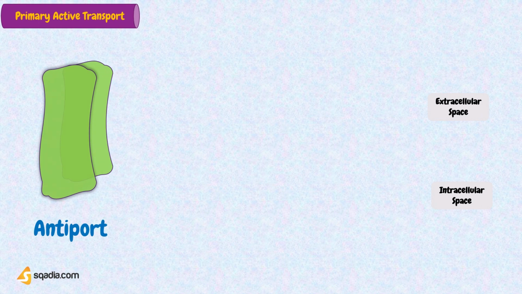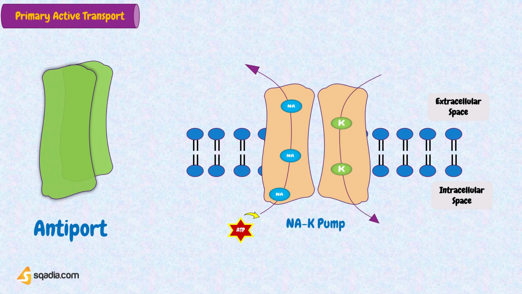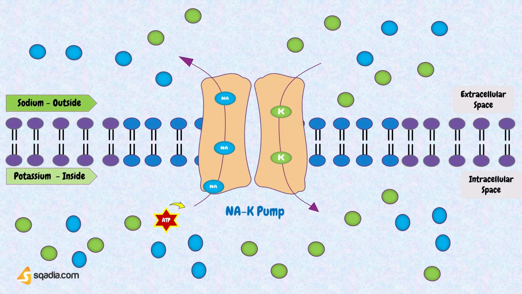Let's look at the transport of sodium and potassium ions to understand the primary active transport mechanism more easily. Sodium and potassium ions are transported across the cell membrane by means of a common carrier protein called the sodium-potassium pump. This pump transports sodium from inside to outside the cell and potassium from outside to inside the cell. This pump is present in all the cells of the body.